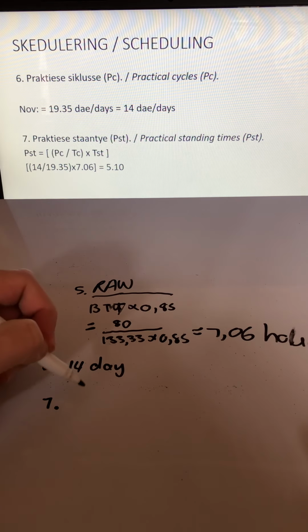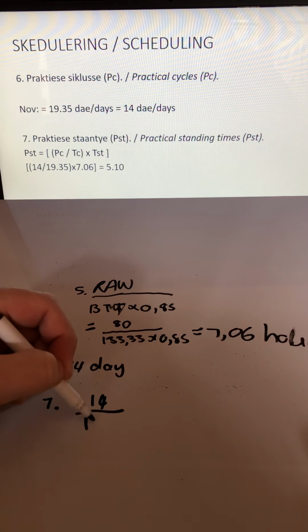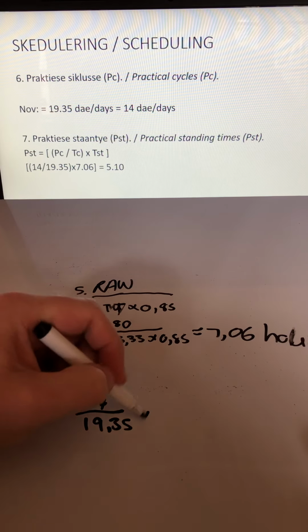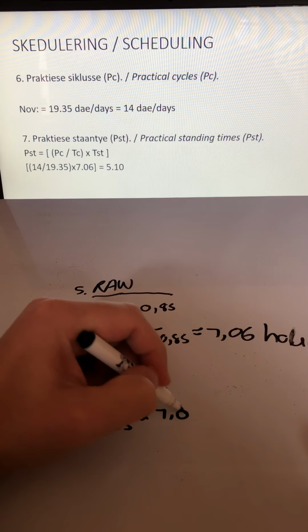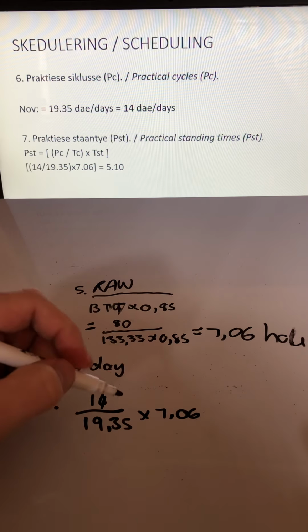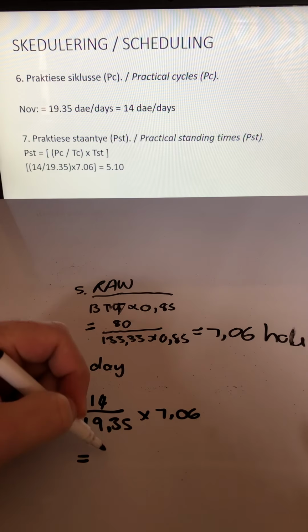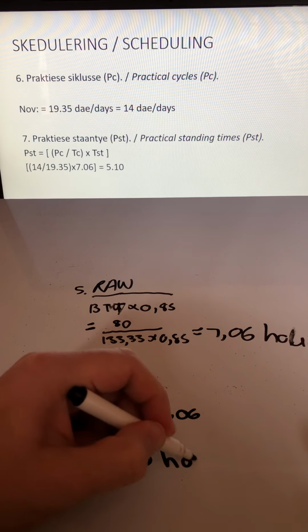How that works is you'll take your 14 days, which is your new cycle, divided by the old one, which was 19.35, and then multiply that by 0.6 hours, which is the amount of hours theoretically, and that'll get you to 5.10 hours.